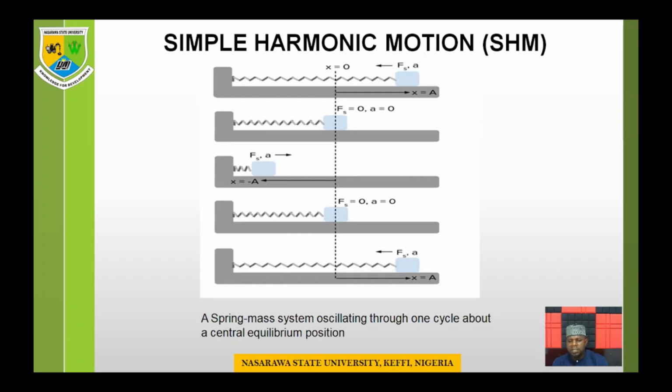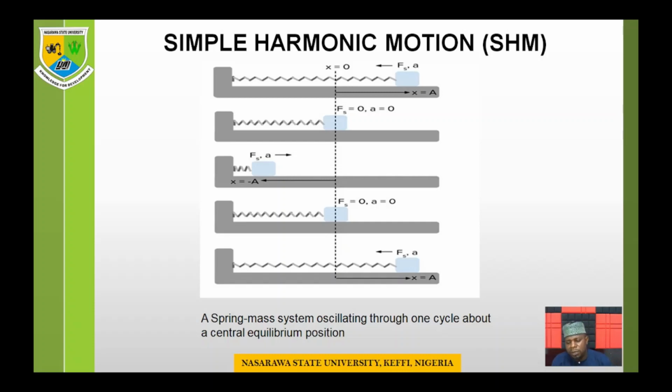You can see that the equilibrium position is where we have x equal to 0. From this diagram, it's pulled towards the right hand side, and as it's being pulled, you can see an arrow going back towards the center where x is equal to 0. The arrow is going back there.